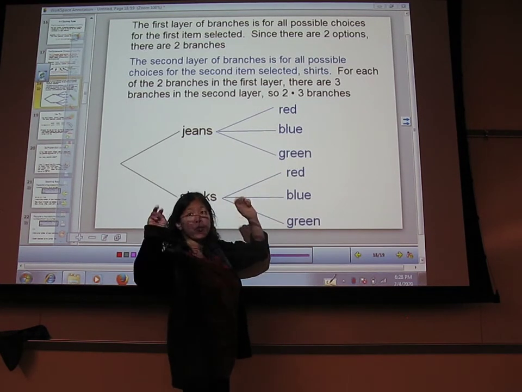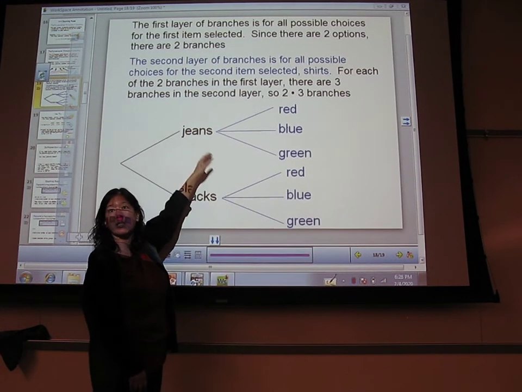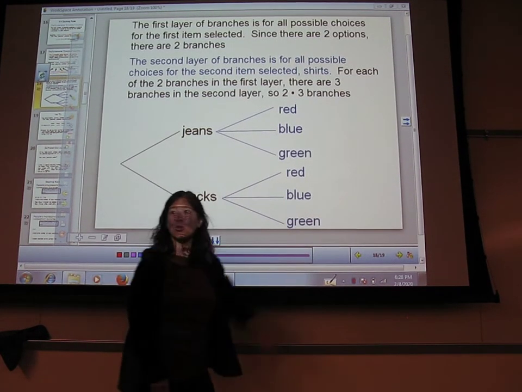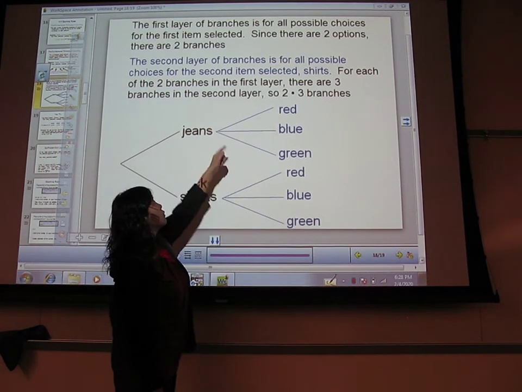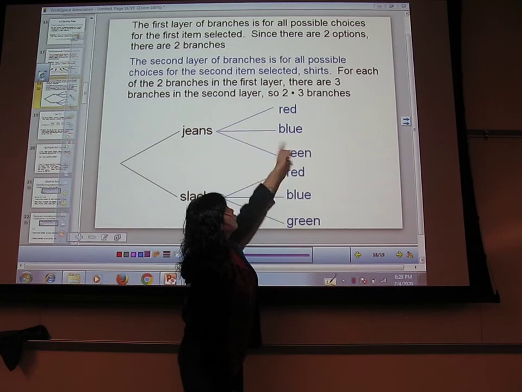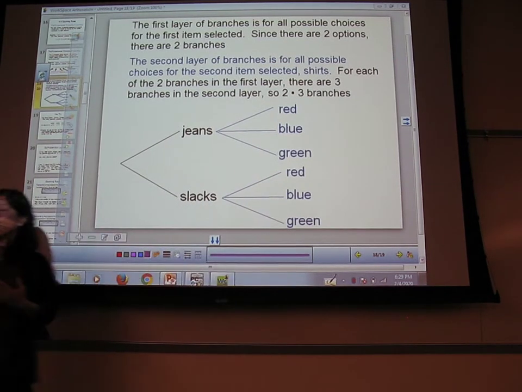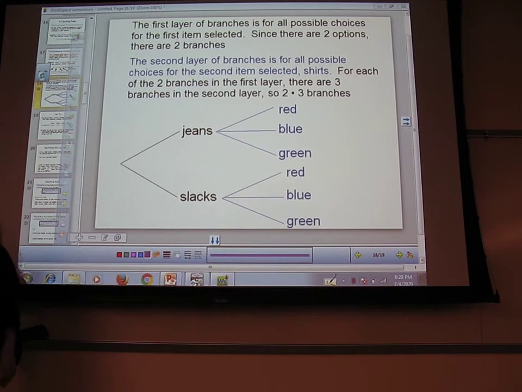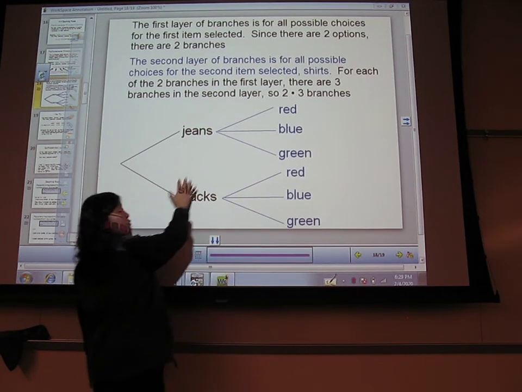How many groups of 3 do I have? 2, 1 for each of my pants options. So that kind of makes sense. So now I have 6 possible wardrobe combinations. I have slacks, red, blue, green, jeans, red, blue, green. So I have 1, 2, 3, 4, 5, 6 possible wardrobe selections just off of those 2 pants and those 3 shirts. Because I have 2 choices here. Each of those 2 choices has 3 choices off of it. So 3 times 2.